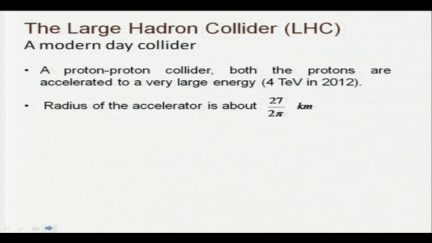So, let us look at this from the point of view of what we have discussed so far. It is a proton collider, and the energy of each of these proton beams until now was 4 TeV, that is 4000 GeV, each of these beams. So, the total center of mass energy is 8 TeV.